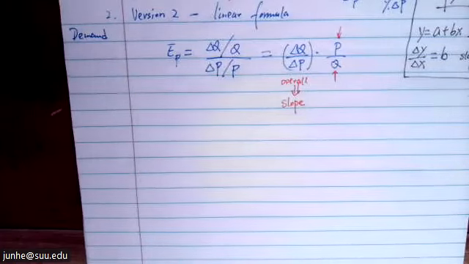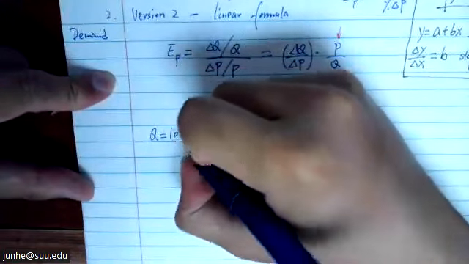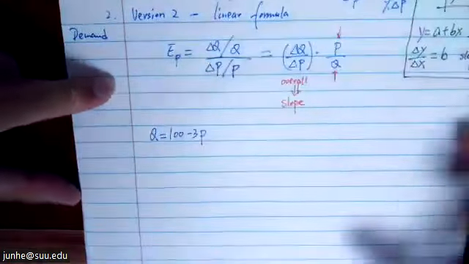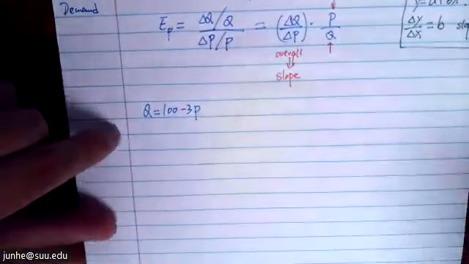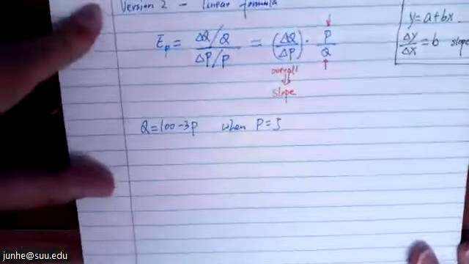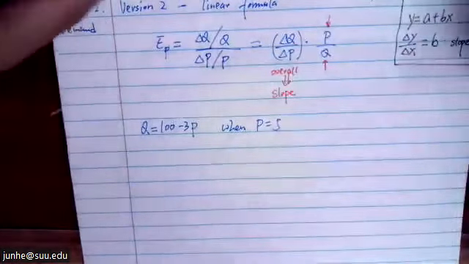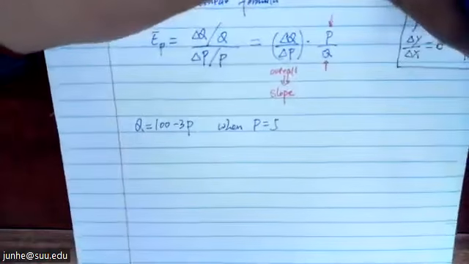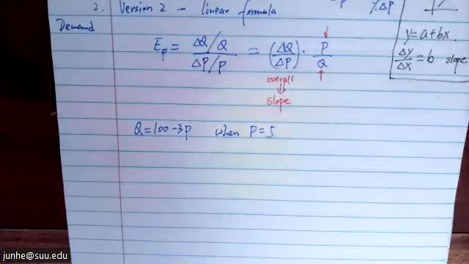For a demand function, Q equals 100 minus 3P, calculate its price elasticity of demand when P equals 5. An analogy that I make about solving this problem is that it's as if it's a jigsaw game, right?